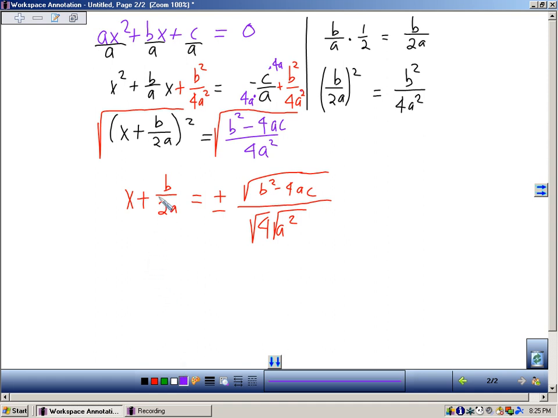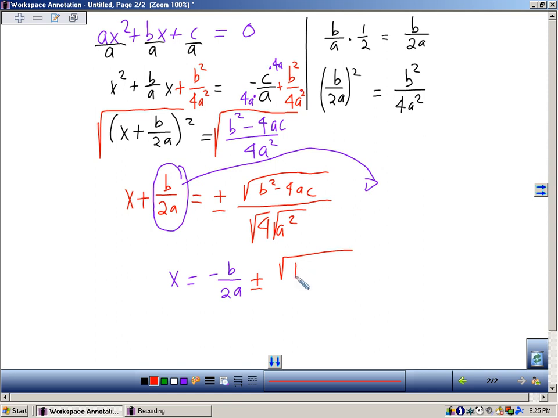So now I'm going to subtract the b over 2a. It's going to end up on the other side. So we have x equals negative b over 2a, plus or minus, watch closely, I still have the square root of b squared minus 4ac, but the denominator is 2a.